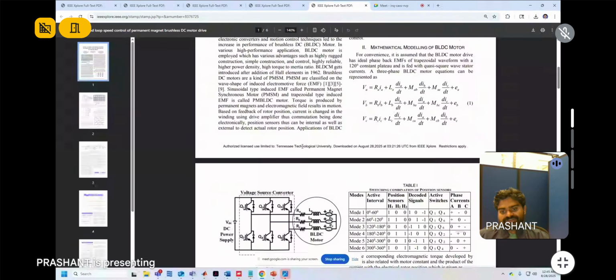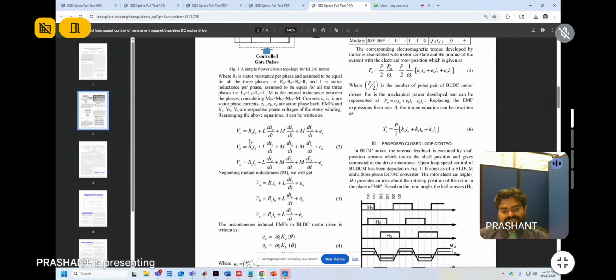I will start with these equations of the BLDC motor drives. These are the dynamic equations of the BLDC motor, the mathematical representation of any motor. With this concept, you may be able to write the equations in Matlab.